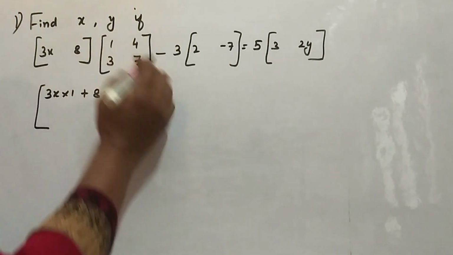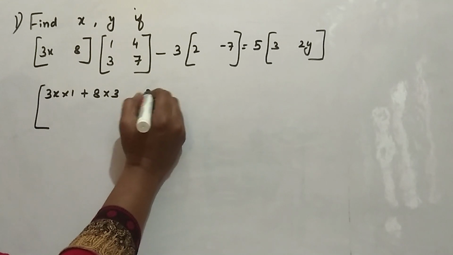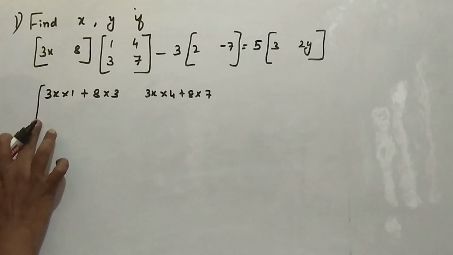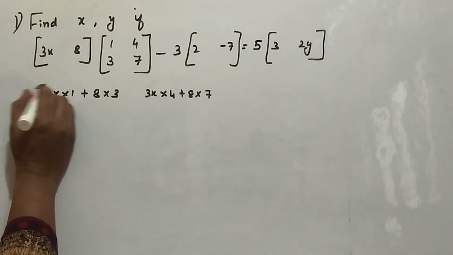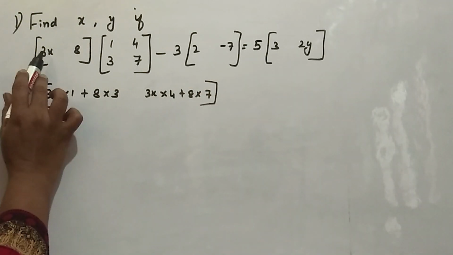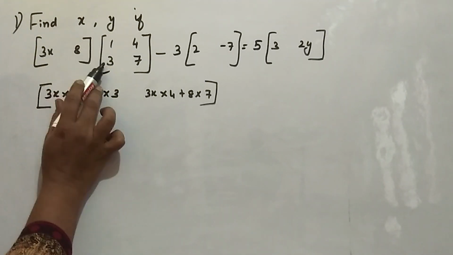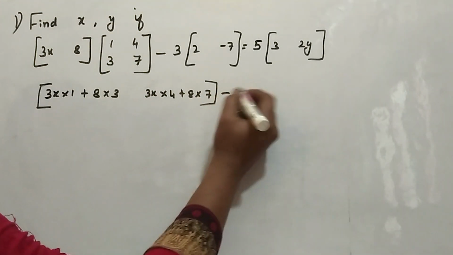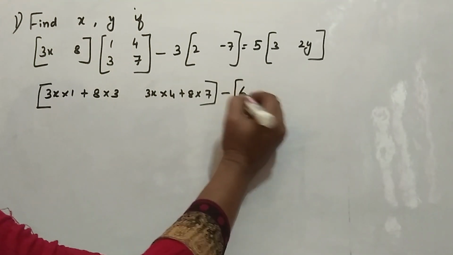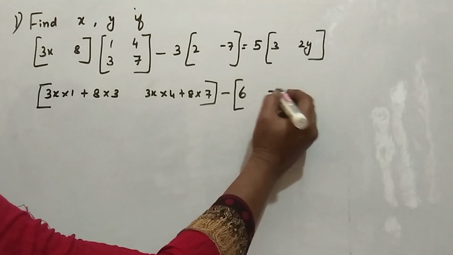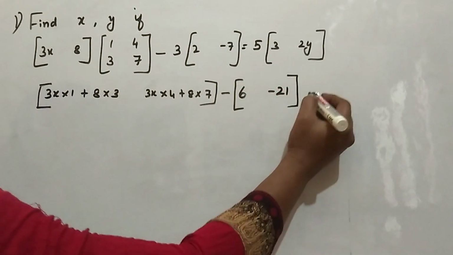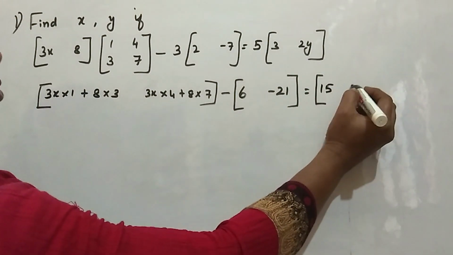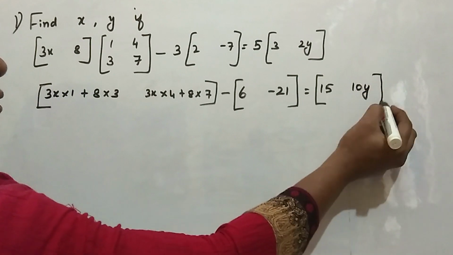And then first row, second column: 3x into 4 plus 8 into 7. So 3x into 1 plus 8 into 3, 3x into 4 plus 8 into 7, minus 3 2s are 6, 3 7s are 21, minus 21, is equal to 5 3s are 15, 5 2s are 10y.